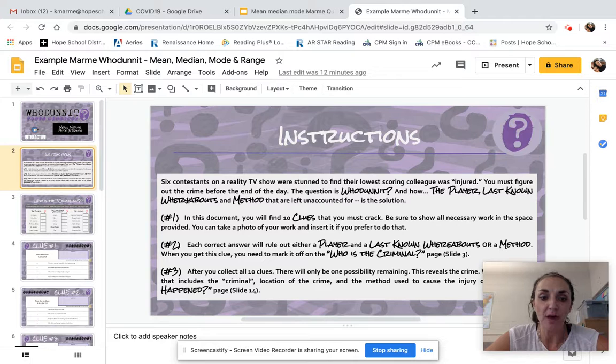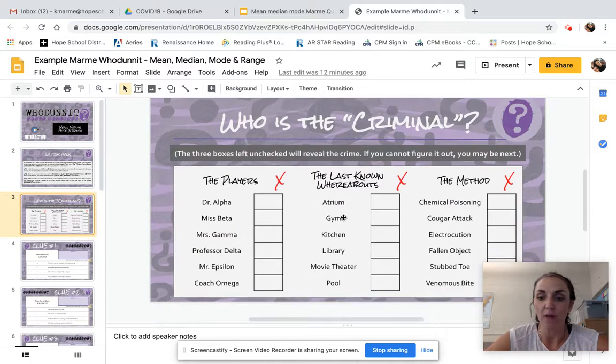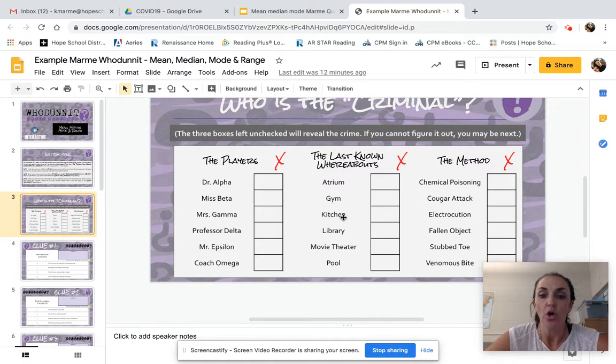You must figure out the crime before the end of the day. The question is who done it, and how. The player, the last known whereabouts, and the method that are unaccounted for is the solution. So basically, you have to go through all of these problems to figure out who the player was, where they last were known, and the method, kind of like playing the game Clue.